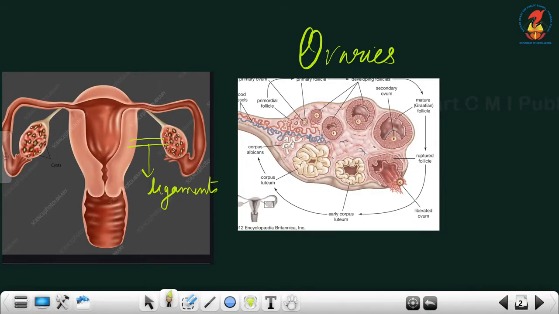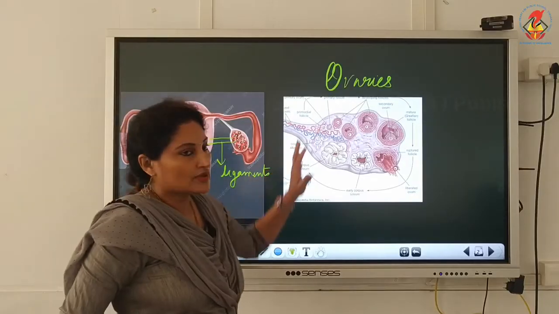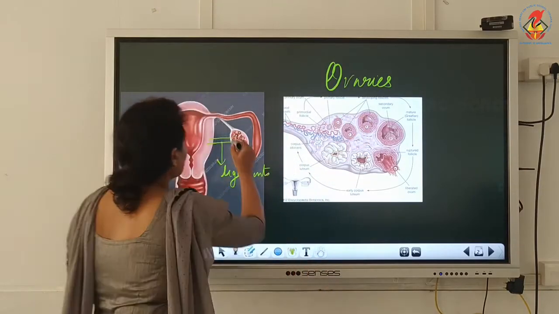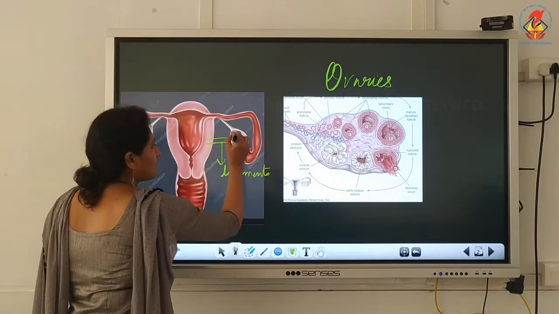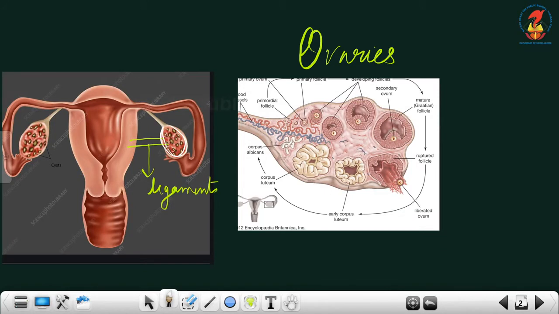Okay, so there are the right and left ovaries. Now each ovary is surrounded by an epithelium, and this epithelium is thin, it's called the germinal epithelium.